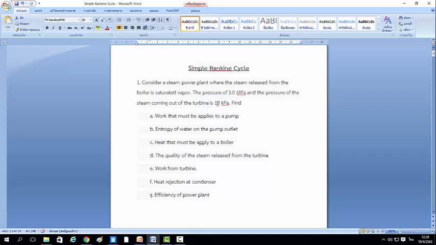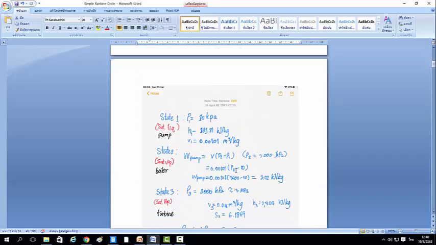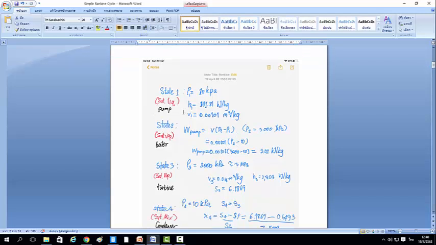You can call it P1 or P4, and this is P2 and P3. Let's see why I'm saying that.